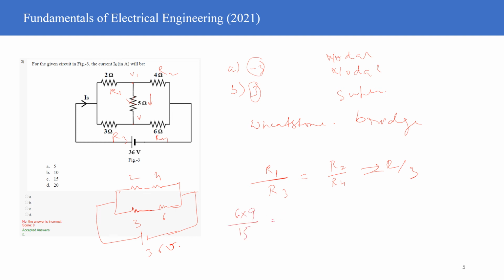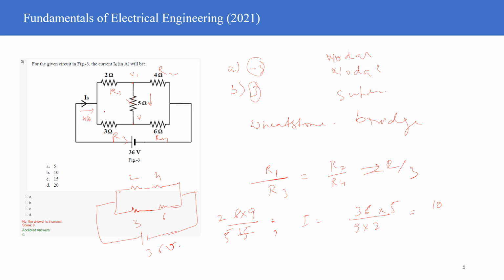This will give you 2 and 5, correct? And the current I will be equal to voltage divided by 9 into 2 into 5. So this is nothing but 10. So current flowing here will be equal to 10 amperes.